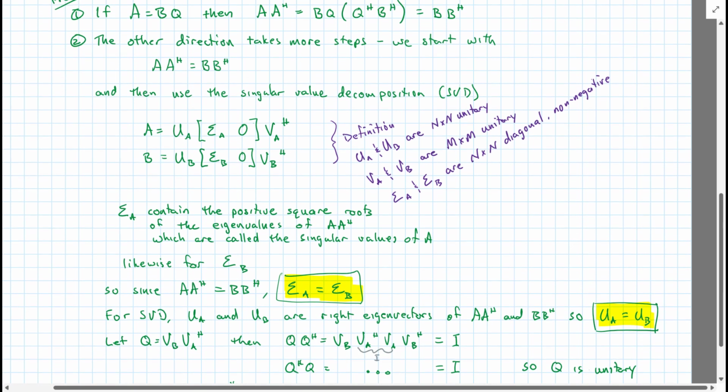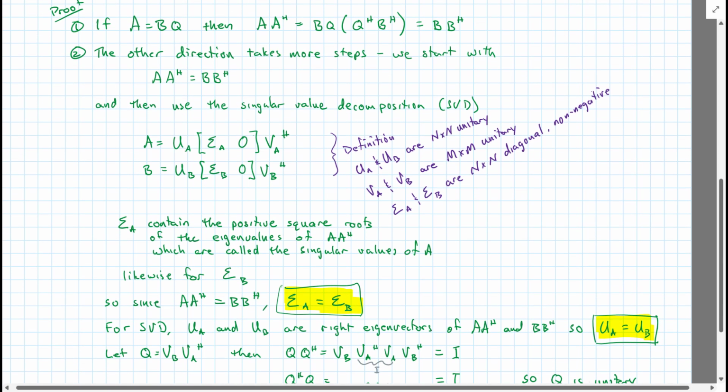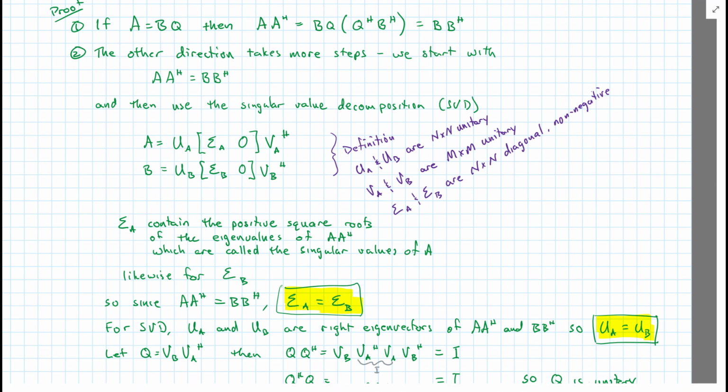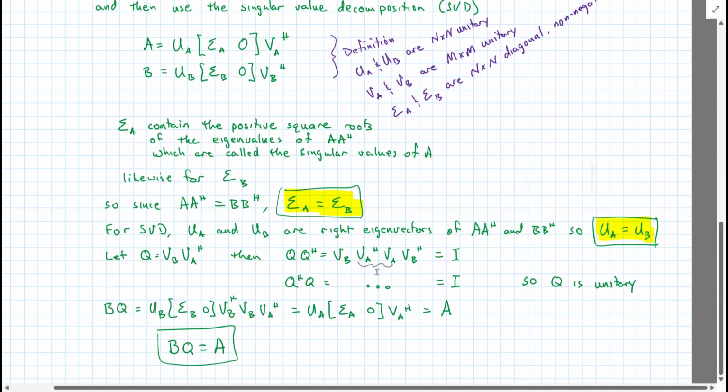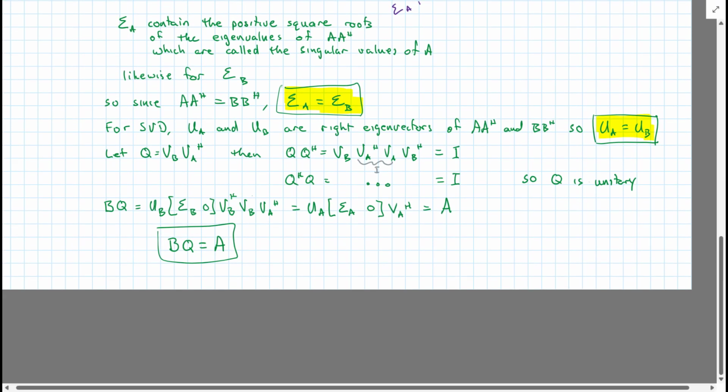Then we took the other tack and said, if AA^H equals BB^H, does that mean that A is equal to BQ? And indeed it does. So we are done, and now we will use these in the next lecture to develop our square root RLS algorithm.